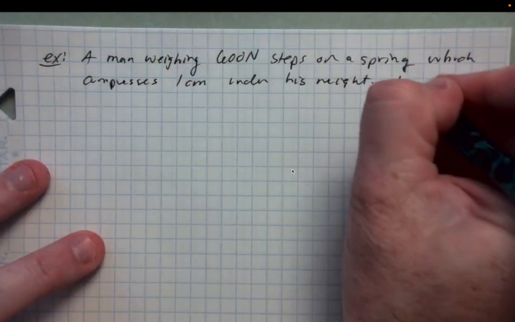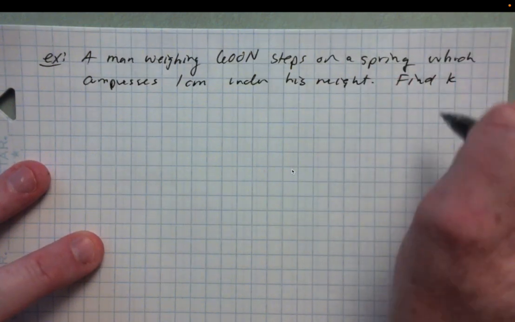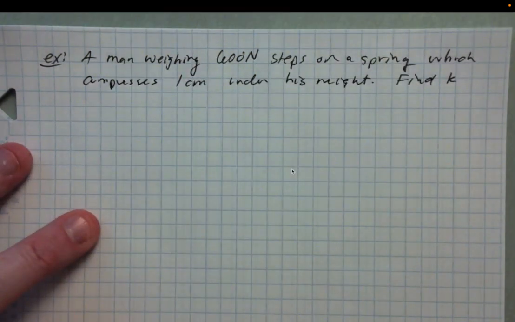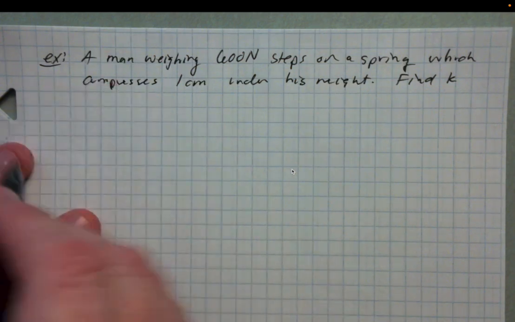Let's find k, the spring constant, and let's identify the total work done under this compression.